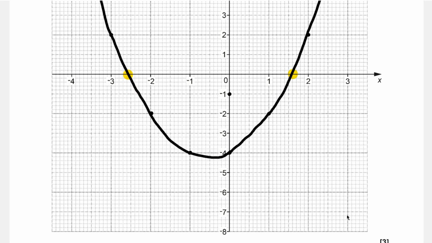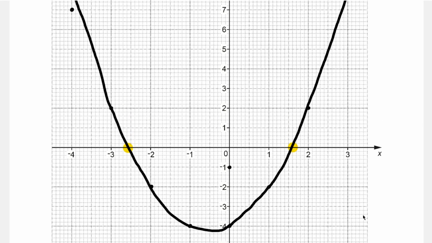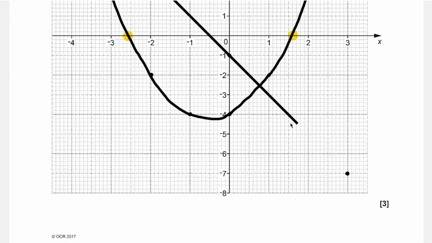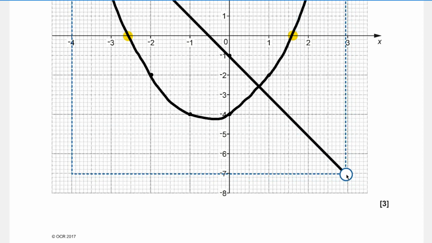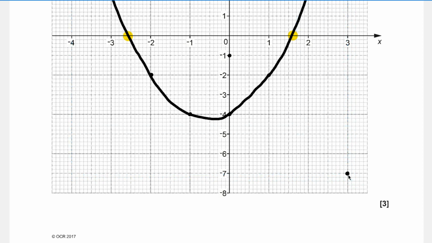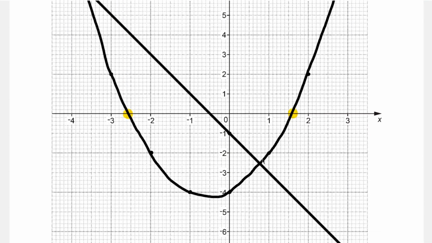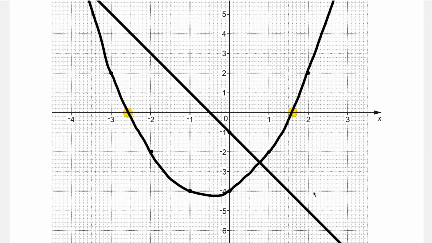That is over here. So now I need to join these points up with a straight line. Like so. So here is the graph of y equals -2x subtract 1.